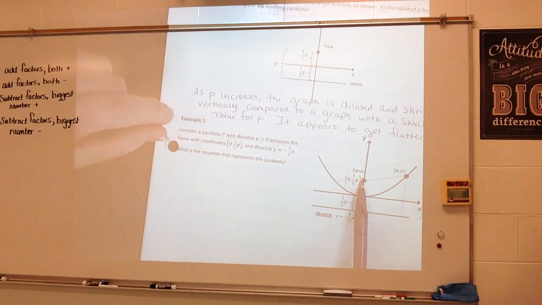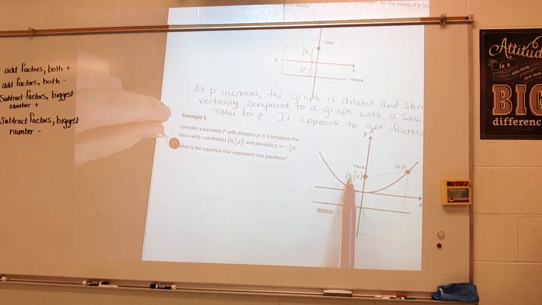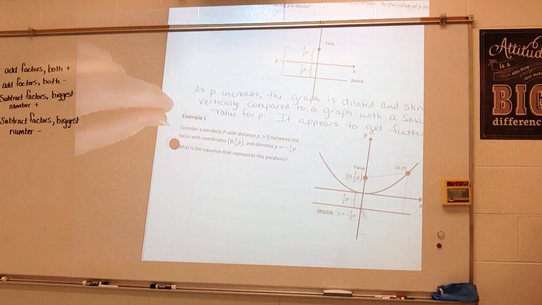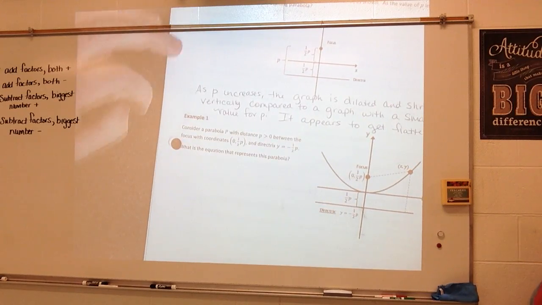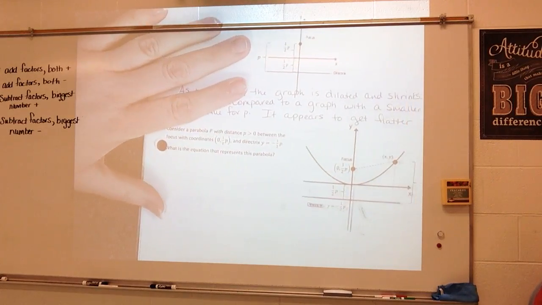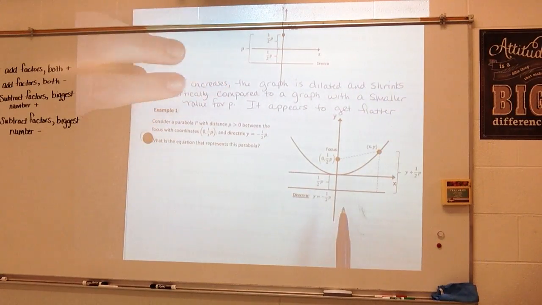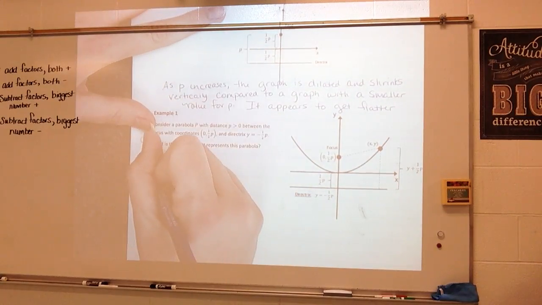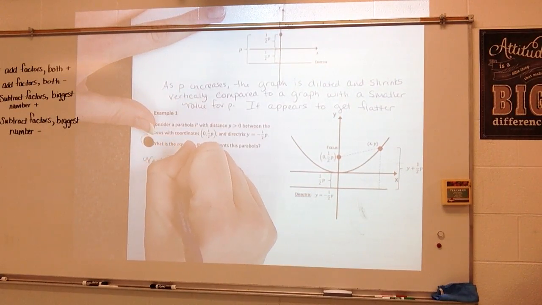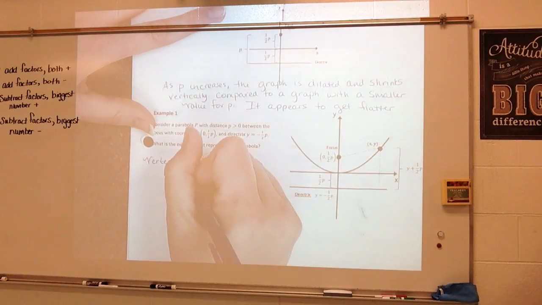The focus has coordinates (0, 1/2 p), and the directrix is at y equals negative 1/2 p. So what are the coordinates of the vertex of our parabola? Our vertex has the coordinates (0, 0).